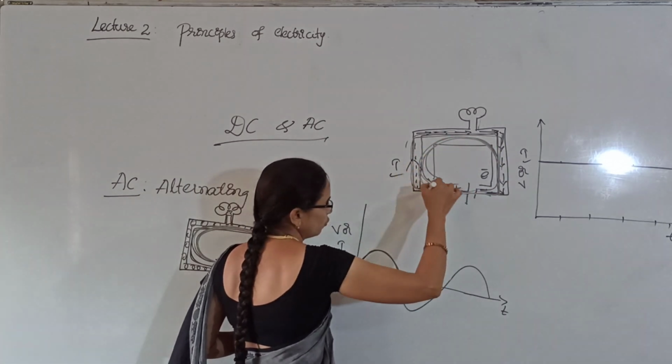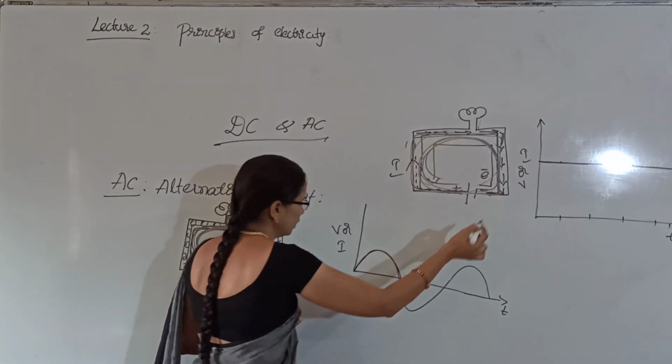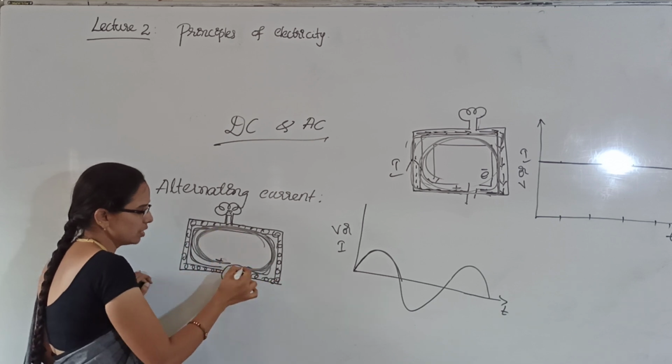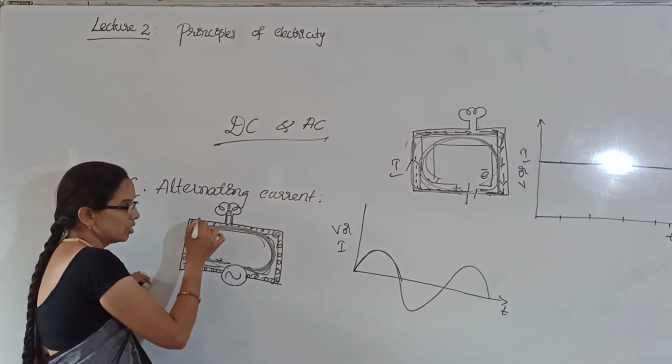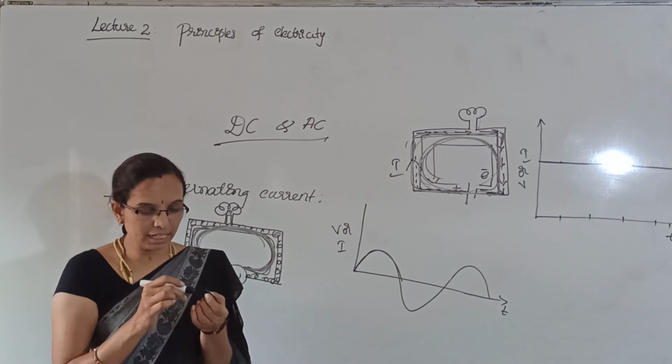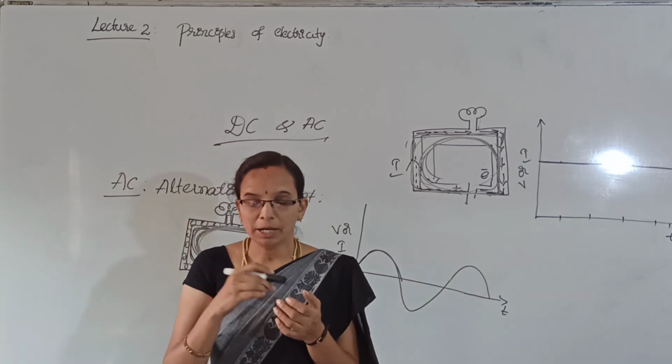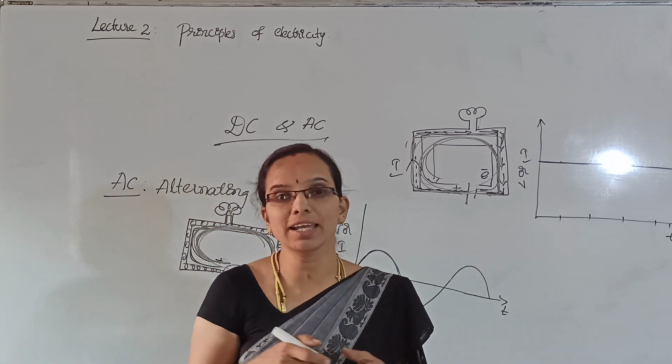In AC the electrons keep flowing, once like this and once like this, continuously changing the magnitude and periodically changing the direction.